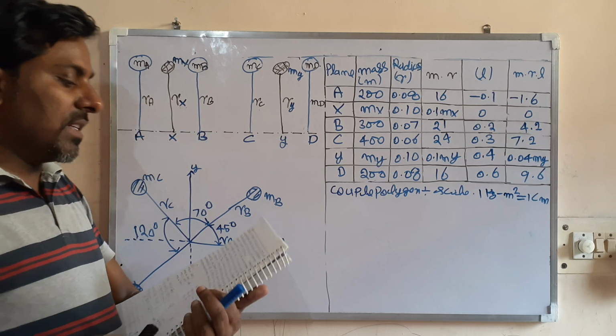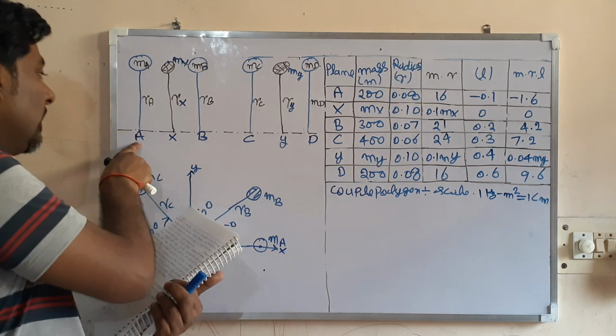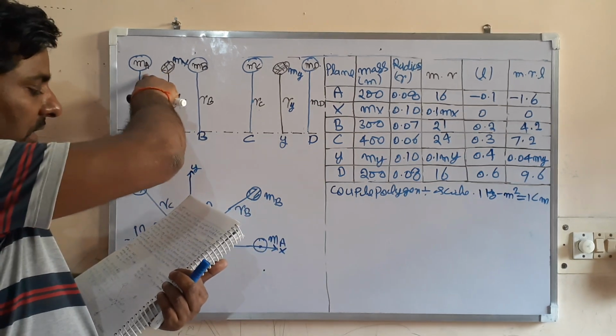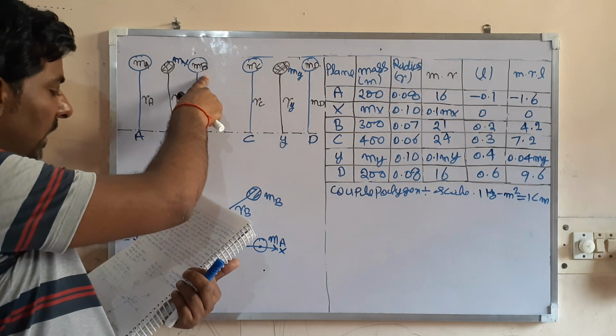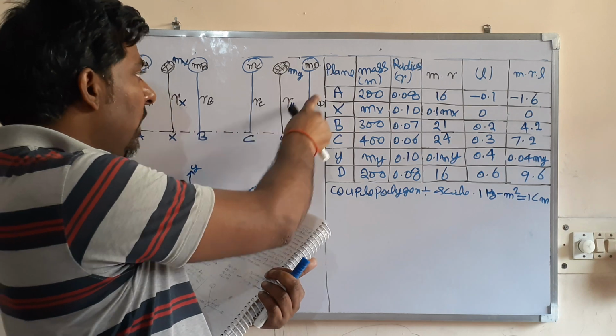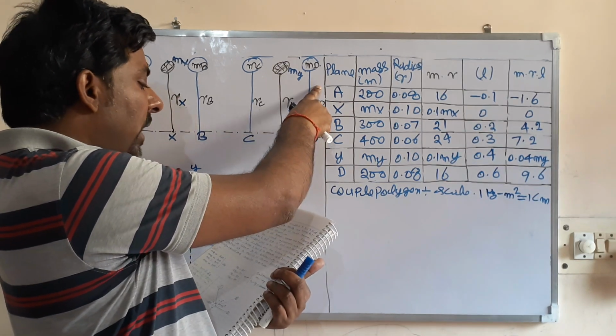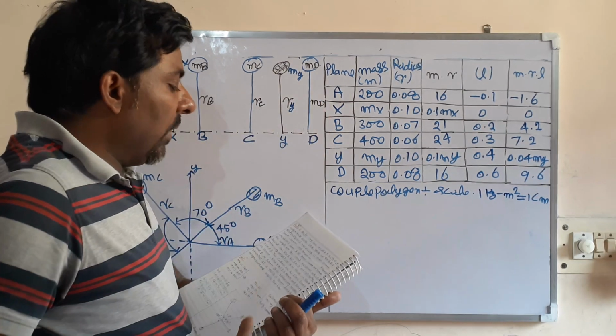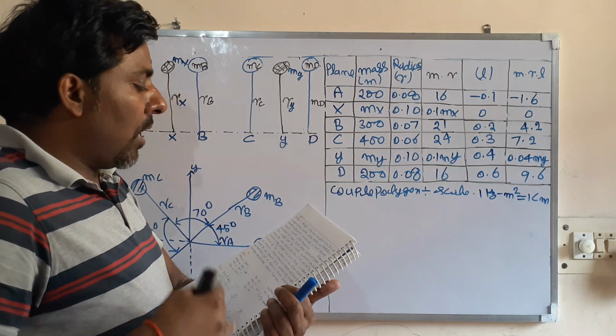They revolve at a radius of 80 mm, 70 mm, 60 mm, and D is revolving at a radius of 80 mm, in planes measured from A.